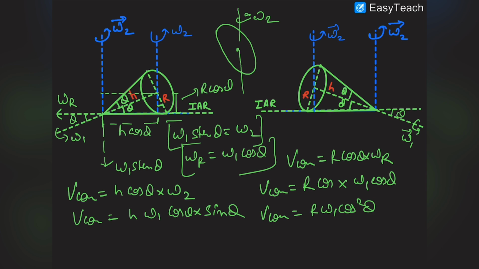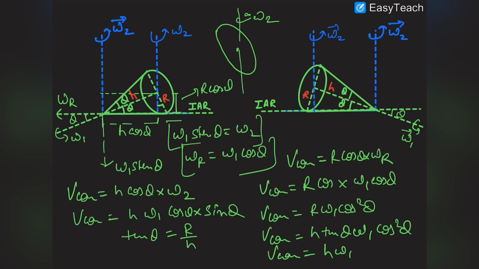Now you can see that tan theta is equal to r by h, and you can replace r by h tan theta. So VCOM would be equal to h omega 1 sine theta cos theta, which is the same result as this one. So this again proves that there is an existence of the IAR, which is this axis.